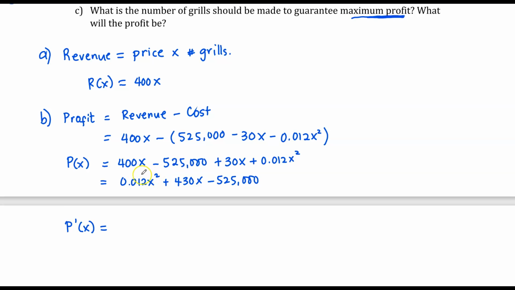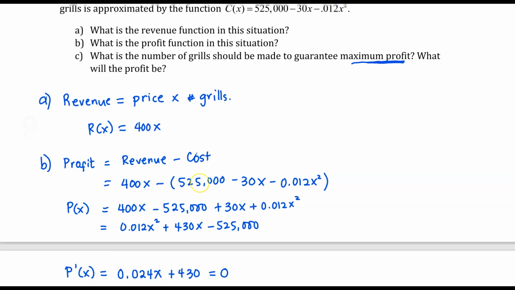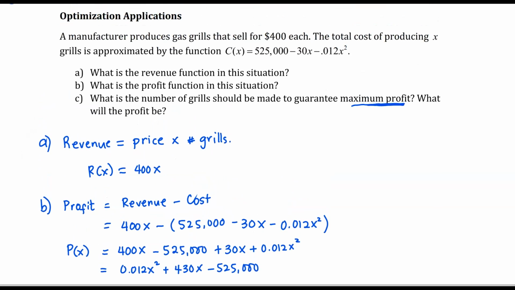So the derivative of this is negative 0.024X. And the derivative of 430X is 430. And by the way, there is a typo in the equation here. This should be positive instead of negative.